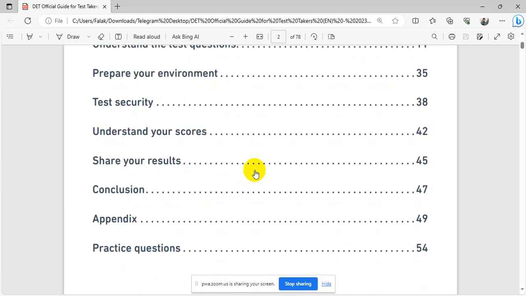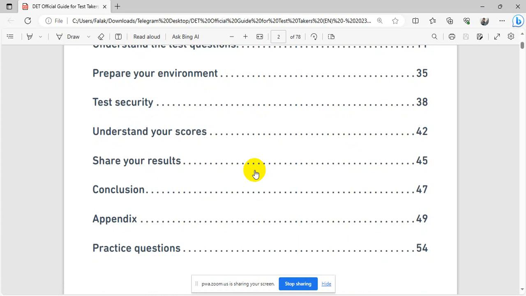As you know, Duolingo does not require any test center. You can take it on your own laptop from your own room. That's why we have a topic here in this book named Prepare Your Environment. It means how to prepare a quiet, clean, and good place for taking the test.